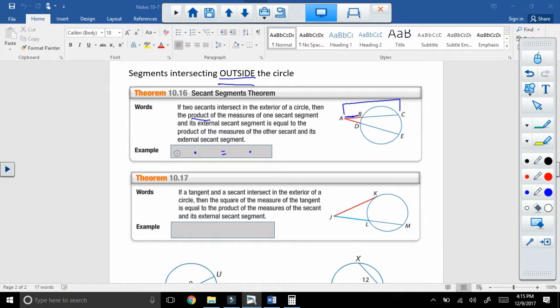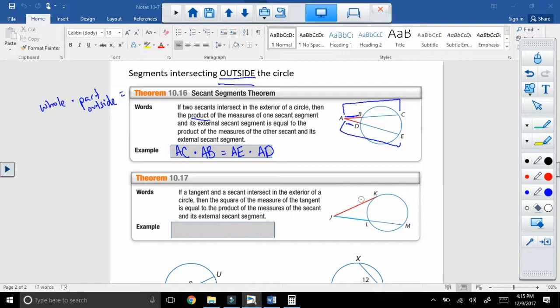So if you remember, it's the whole thing, AC, times the part outside, would equal the whole thing here, AE, times the part outside. And that's how I think about it. It's the whole thing times the part outside, and it's just going to equal that same thing for the other secant.